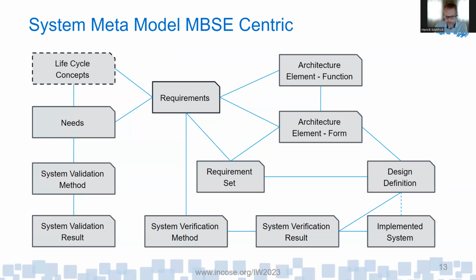But if you take this view of the meta model and you talk to a design team about that, they may get a little bit offended that their whole complex domain of design definitions has been reduced to one single box there. It's not that simple, right? No, it's not.